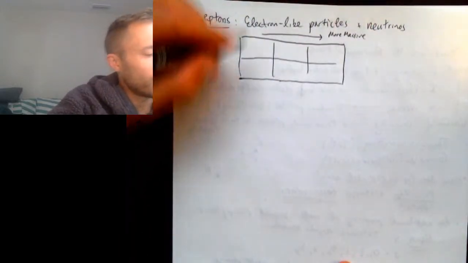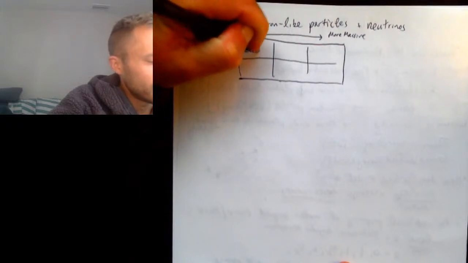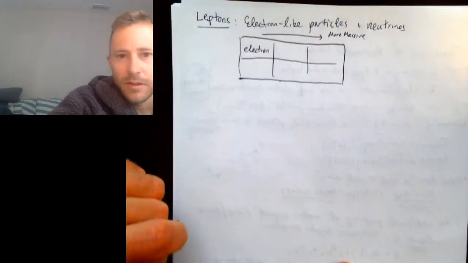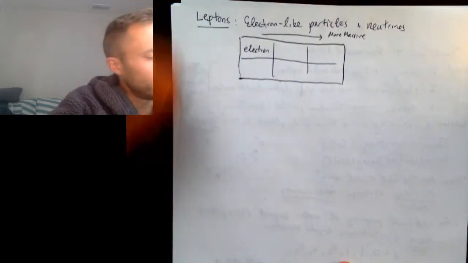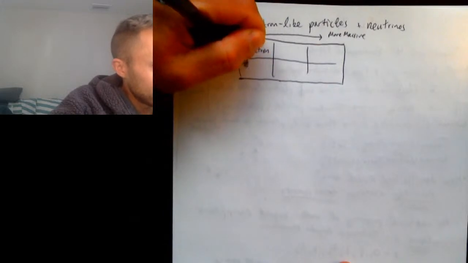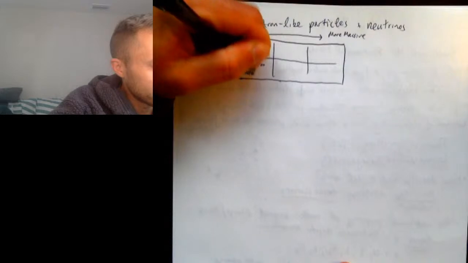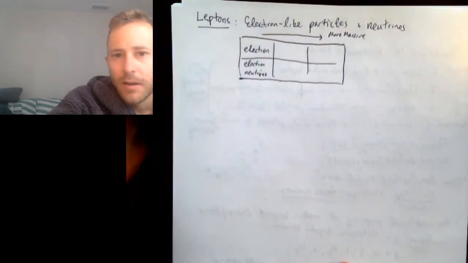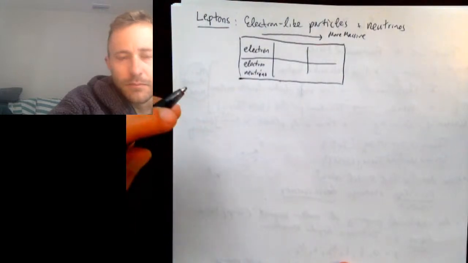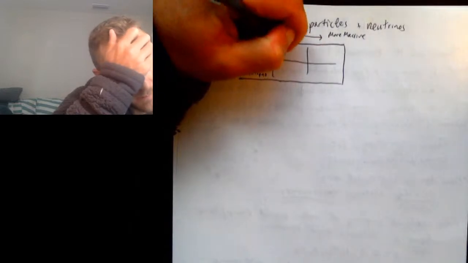So we have what is called the electron. Okay. And the electron has its neutrino. So there's the electron neutrino. All right. Then we have a muon.